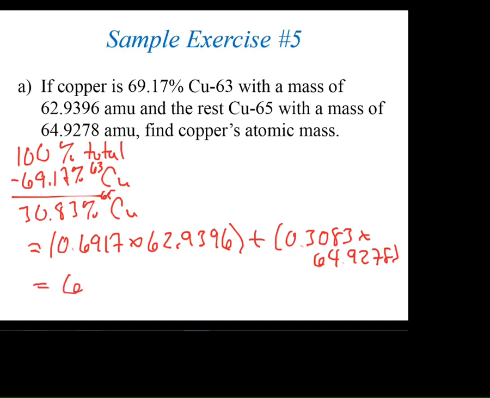And yes, you get 63.55. Sorry about my messy writing, but 63.55 amu.